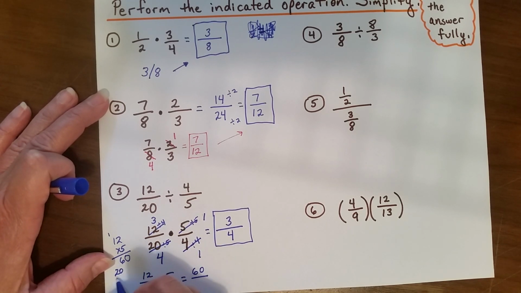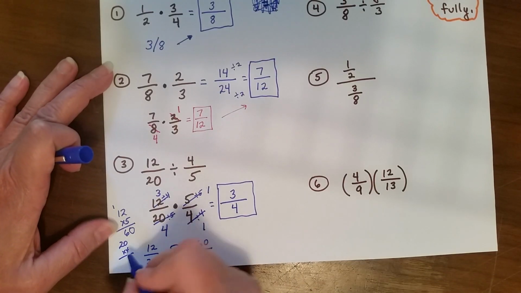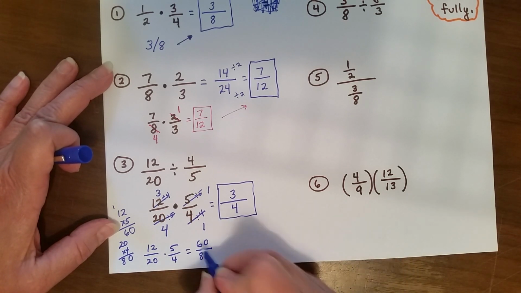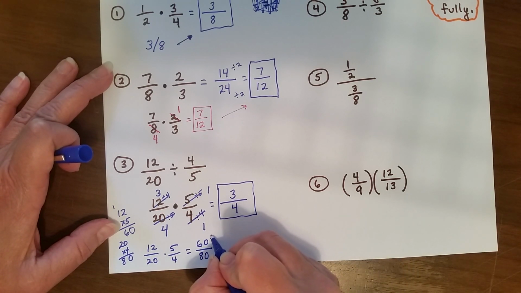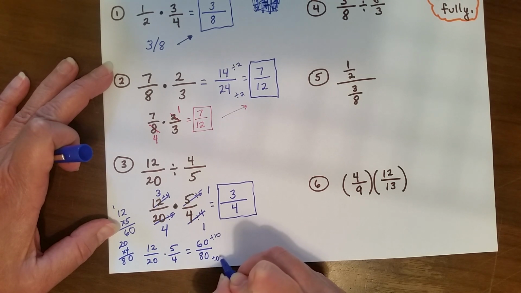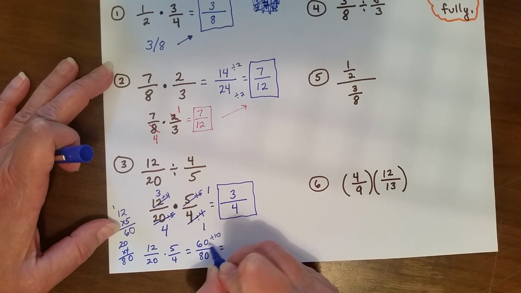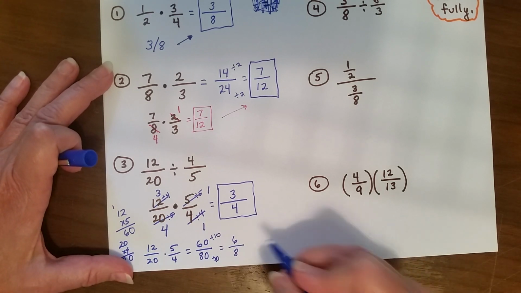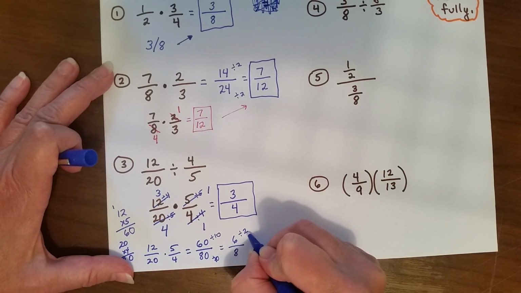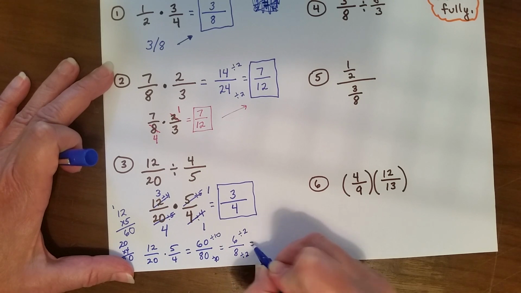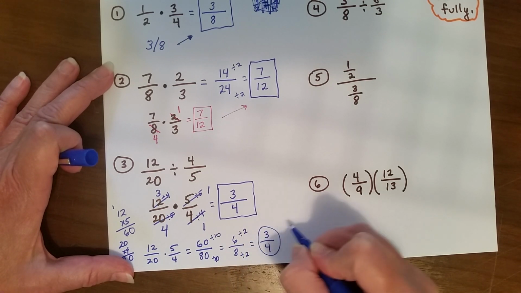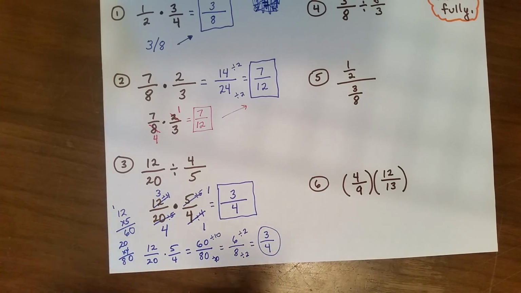And then 20 times 4, 4 times 0 is 0. 4 times 2 is 8. So 20 times 4 is 80. Okay, now first thing I see is that both of these are divisible by 10. So 60 divided by 10 is 6. 80 divided by 10 is 8. The next thing I see is that they're both divisible by 2. 6 divided by 2 is 3. 8 divided by 2 is 4. Notice we ended up with the same answer, 3/4.